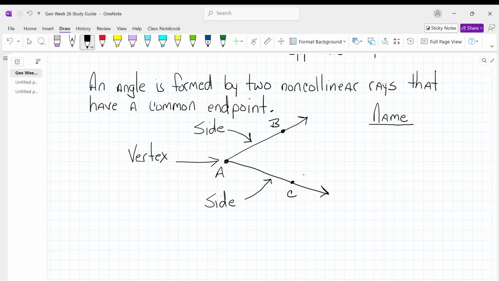Since vertex A only applies to one angle, we could name this angle angle A. Now, we could also name it angle BAC.